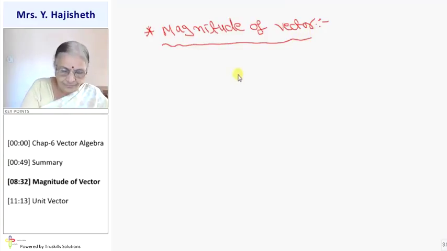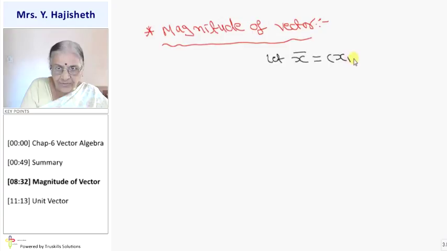Let vector x be (x1, x2, x3) belongs to R cube.